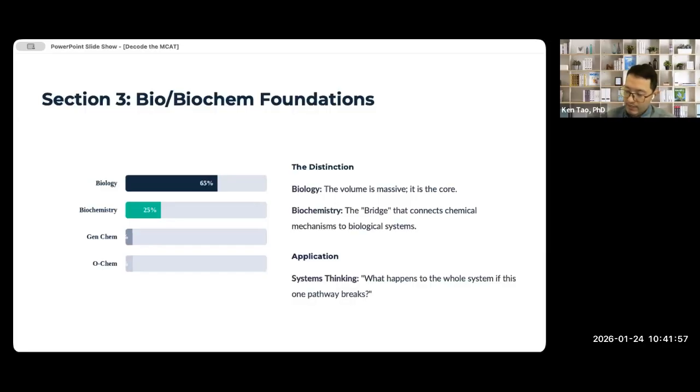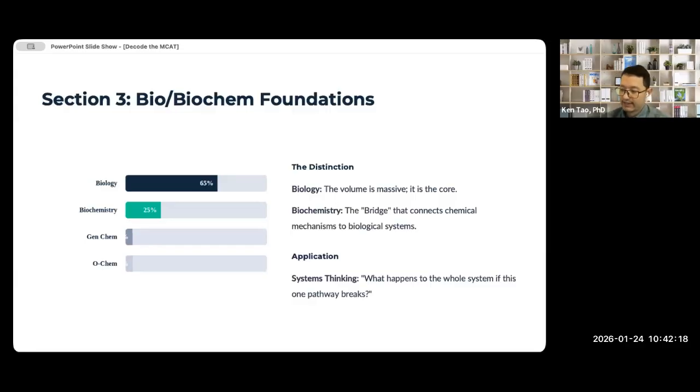But after biology, it's actually biochemistry, because biochemistry is 25% of both the chem phys section as well as the biochem section, though that gets you to 50%, which is more than general chemistry, organic chemistry, as well as physics.